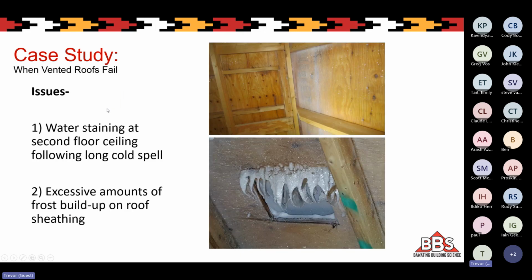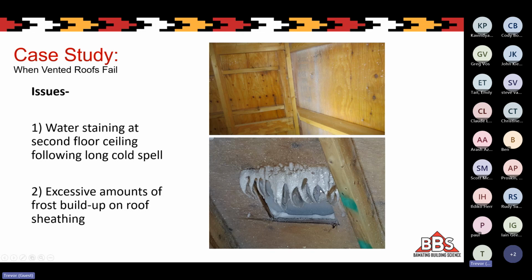But in reality, it did not work. So what issues did we see? First of all, it started off with water staining on the second floor ceiling after a long cold spell ended and there was a warm spell. Here are some photos I took going in after it got colder. Again, you can see a lot of frost near where the sloped ceiling meets the flat ceiling. Excessive amounts of frost buildup and water staining.